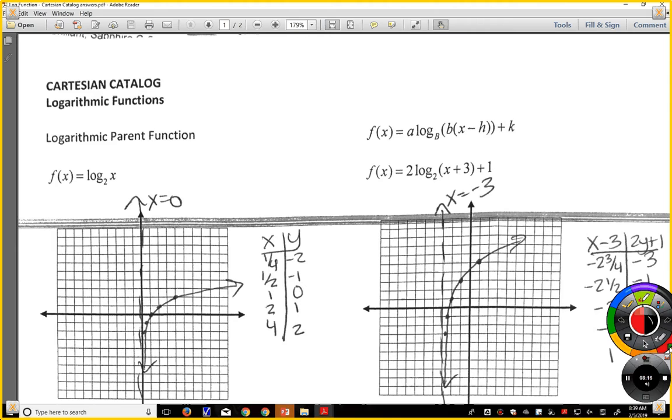Another way to do this is, instead of doing 2 tables like we normally do, one parent table and then one table that gives us our final points after the transformations, you could do 3 tables, with a pre-step to starting. If log is not that familiar to you yet and you get stumped forming this table, you could build the table for the exponential function with the base of 2, and then you could do what we just did: take the inverse.